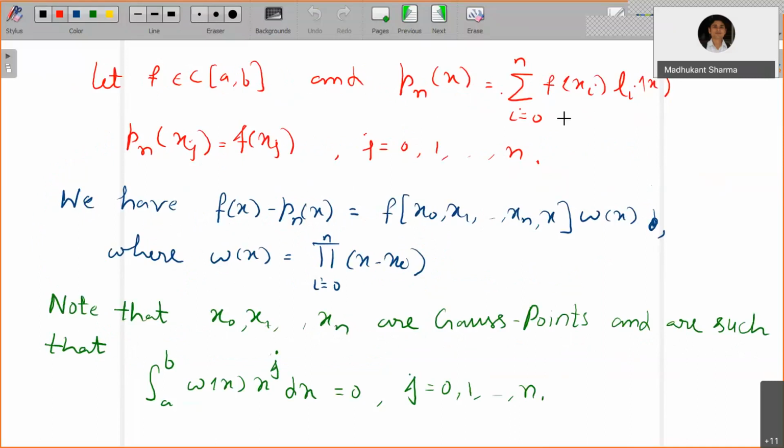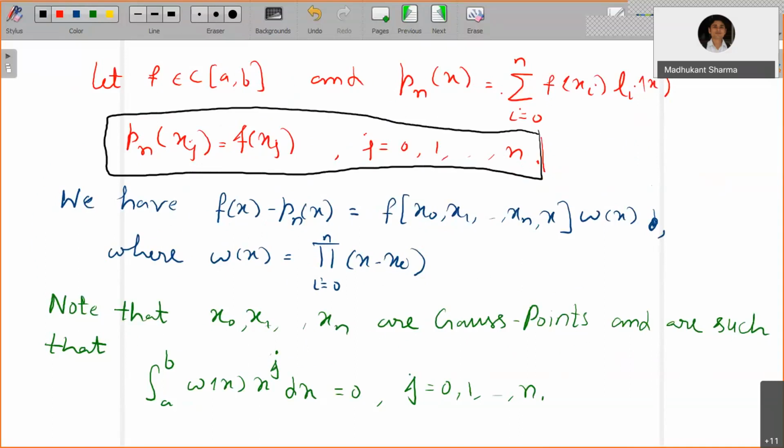We have considered here the Lagrange representation. This is the interpolating condition that Pn of xj equals f at xj, which we have already seen. Now, what is important is the error term. What is the error? It is the divided difference times w of x. What is w of x? It is the product of x minus xi.